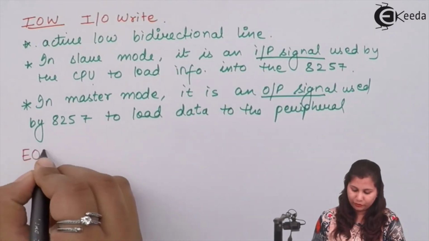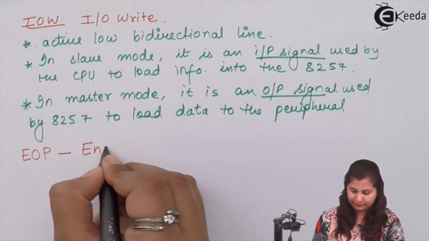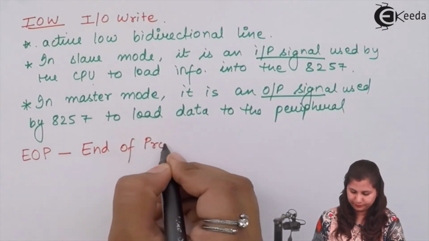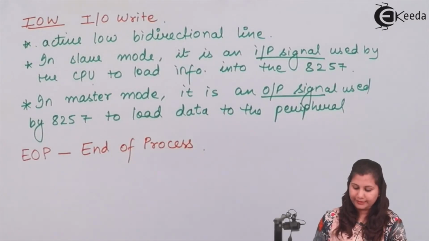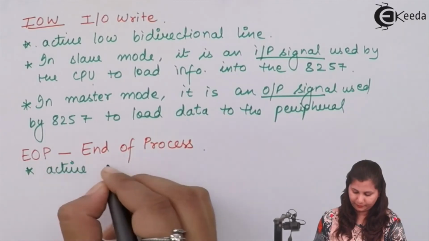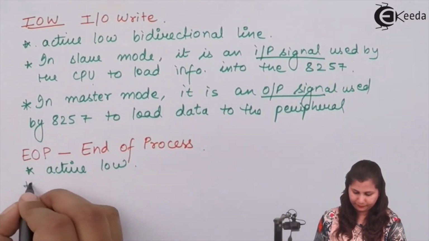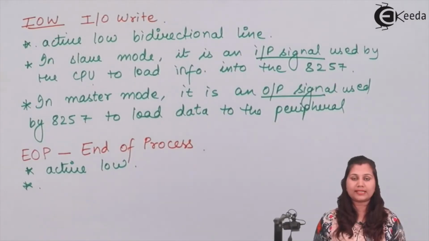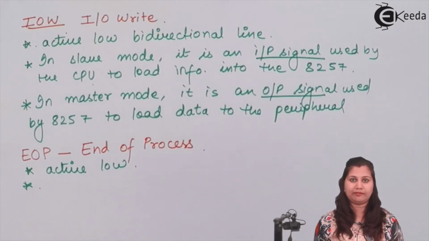Next, we have the signal EOP, which is the end of process. This is also an active low signal. Now, when the data transfer is taking place between the DMA and the microprocessor and the peripheral device, then when the data is completely transferred, this signal will be activated, which will indicate to the microprocessor that all the data has been transferred, and now the other data transfer can be started.